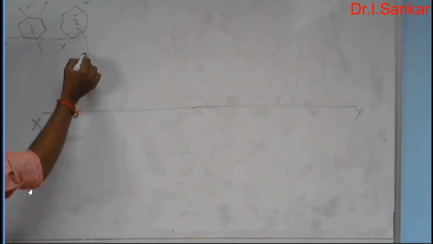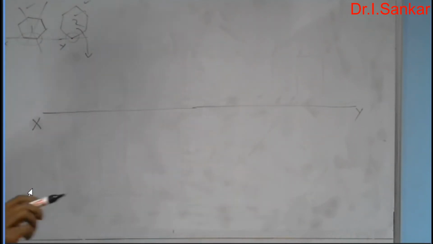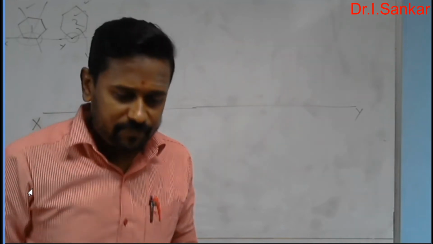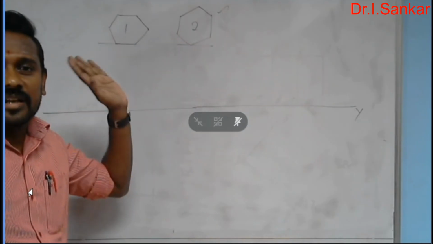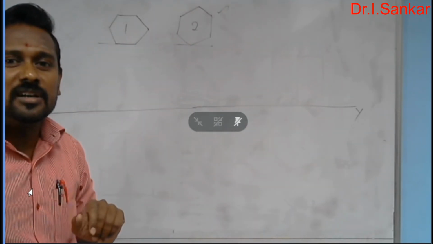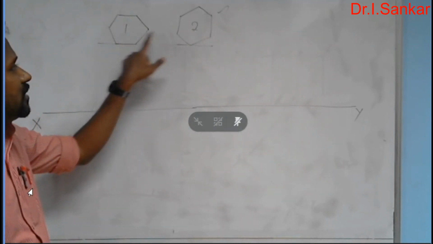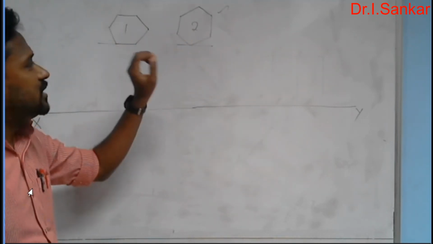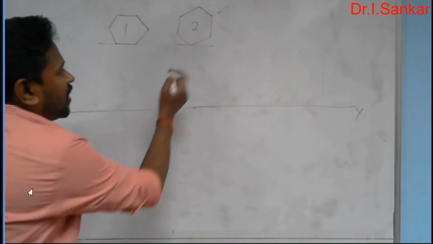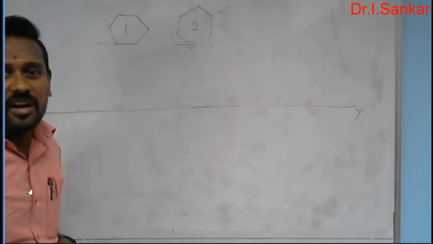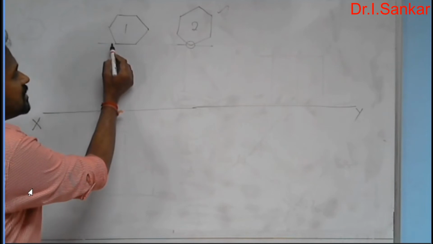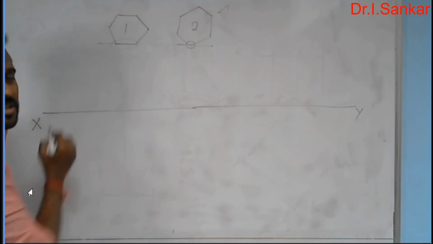In the same way, you have to draw the hexagonal base in the front view area. The two choices are there to draw the base view of the solid in the front view. The first choice is this one, the second choice is that one. In the second choice, the base corner is resting on the horizontal plane. In the first choice, one base edge is resting on the horizontal plane.